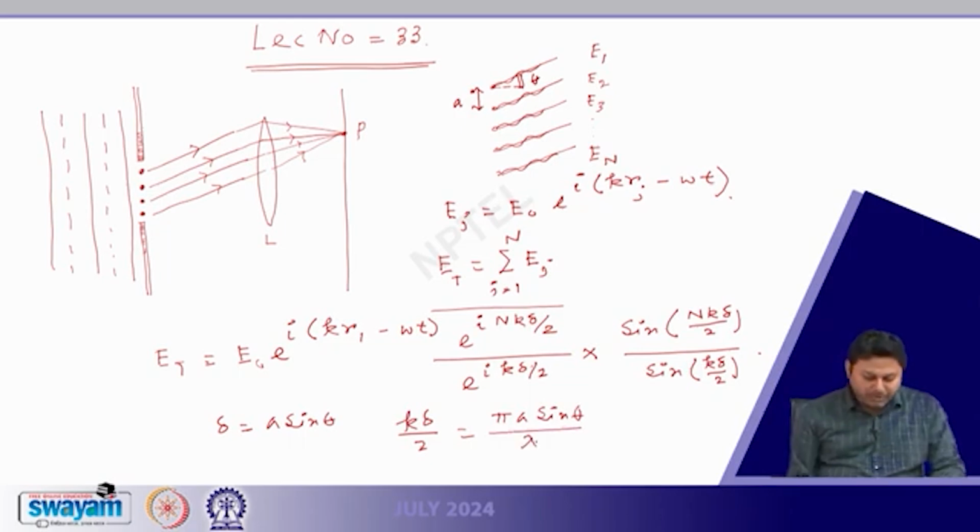That was the value. Also, this k delta we write as phi, and then we try to write this entire equation in terms of the intensity.